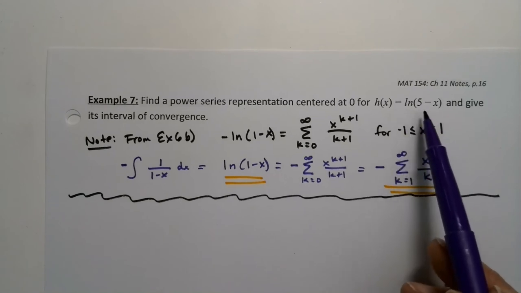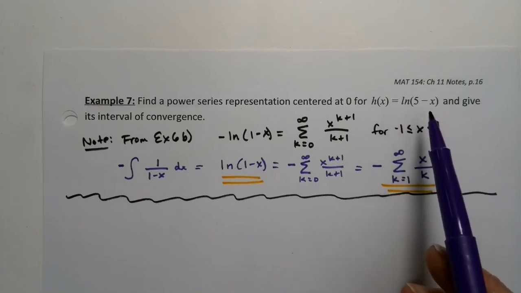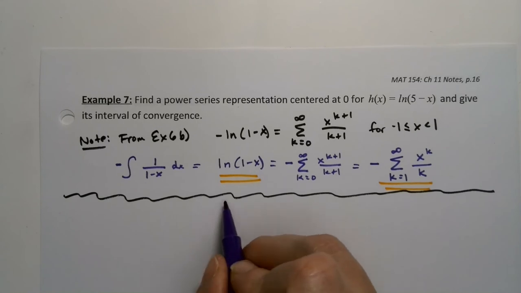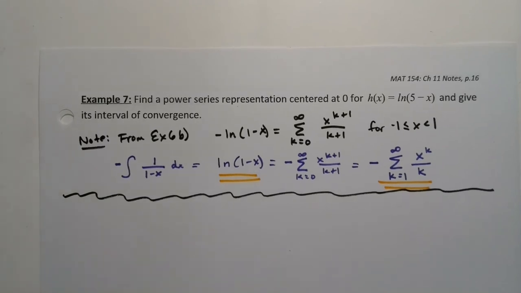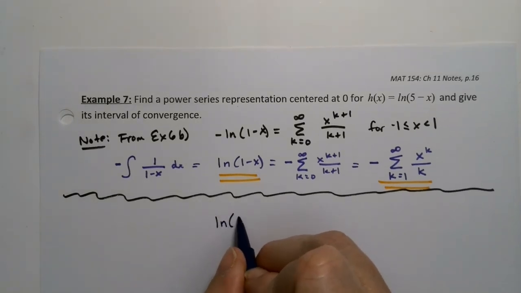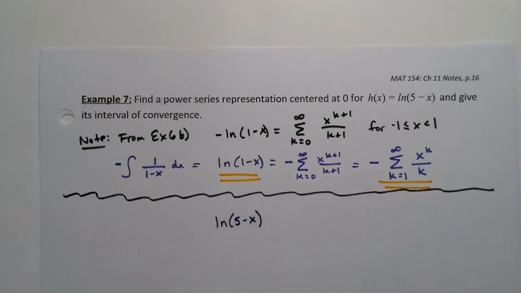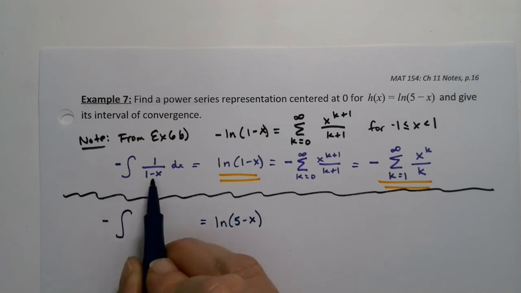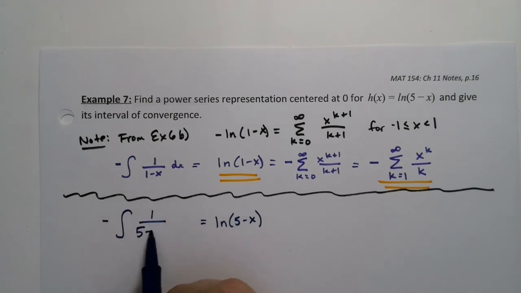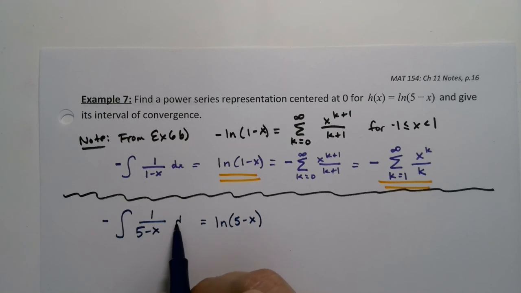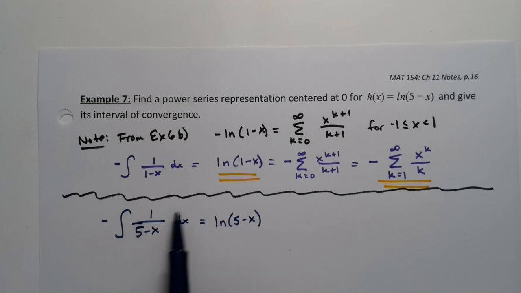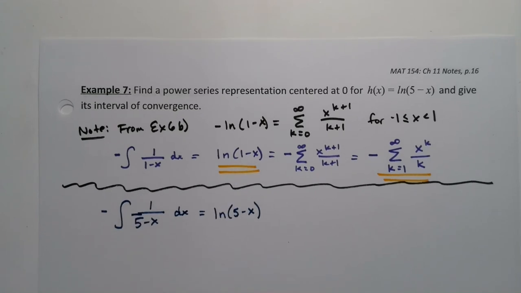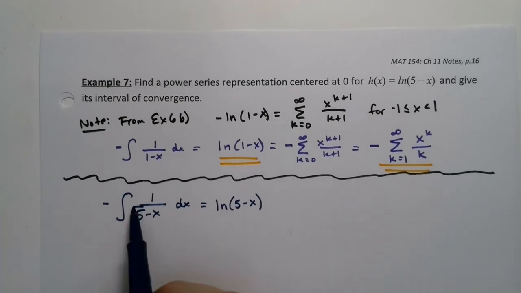Well, I'm looking at what I want. What I want is the natural log of 5 minus x. So I want this middle piece. I want the natural log of 5 minus x. Well, to do that, I'm going to need to take the negative integral of 1 over 5 minus x dx. Right? Using the same logic as what I used here. Okay, well, we can do that.